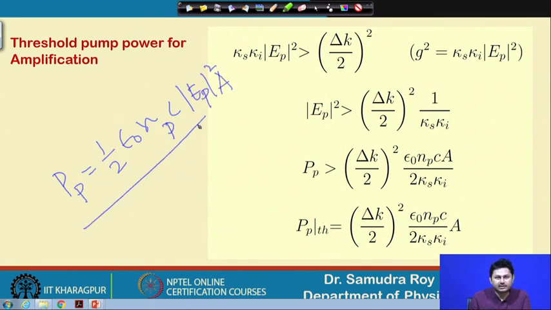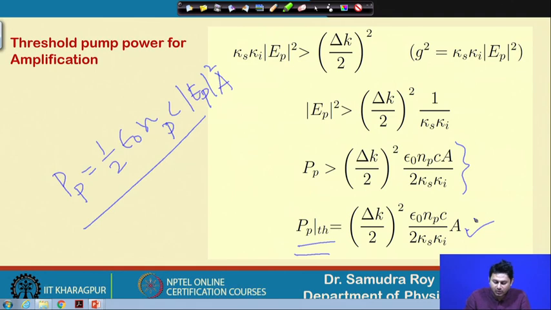So, I just replace E p in terms of P p, and we will have another term here. Finally, we get a threshold value of pump for which I am getting amplification of the signal.